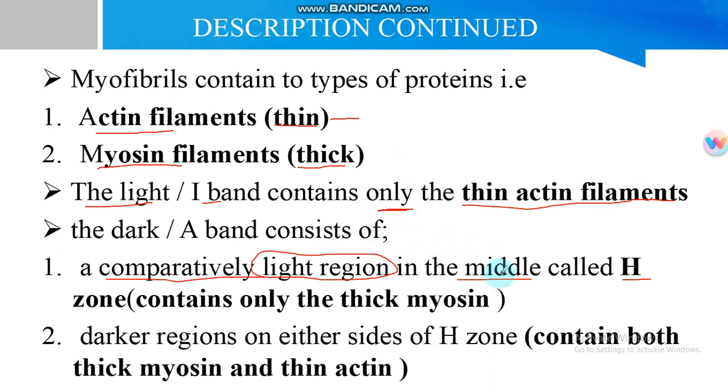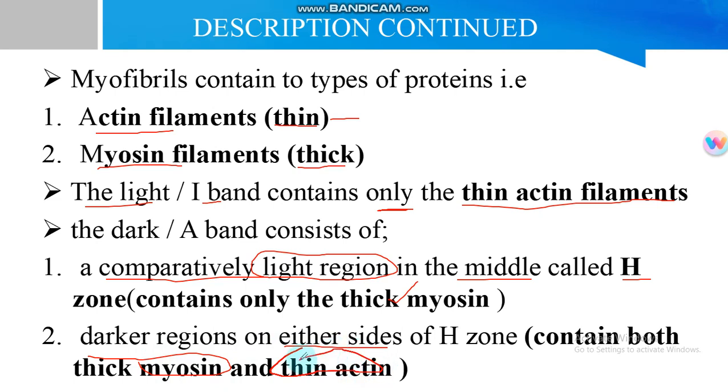So the H zone contains only the thick myosin filaments. They are thick, but at least you can see through them. Then, on either sides of the H zone, we saw the two dark regions. And of course, we said that the two dark regions on either sides of the H zone are composed of both the myosin filaments, which are thick, and the actin filaments, which are thin.